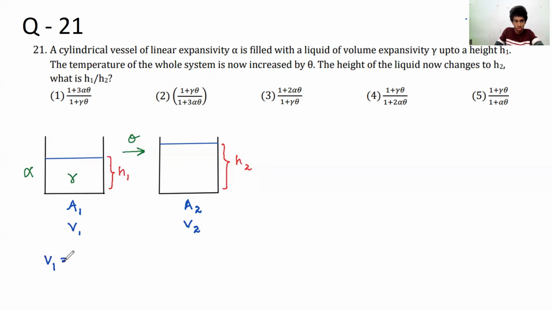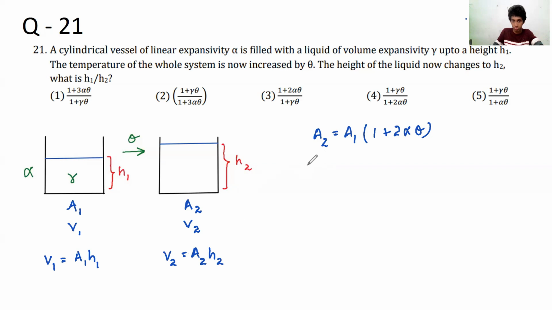So V1 is equal to A1 into h1 and V2 is equal to A2 into h2. Now let's write expressions combining these terms. So A2 is equal to A1 into 1 plus 2 alpha theta. We write 2 alpha because this is an area.